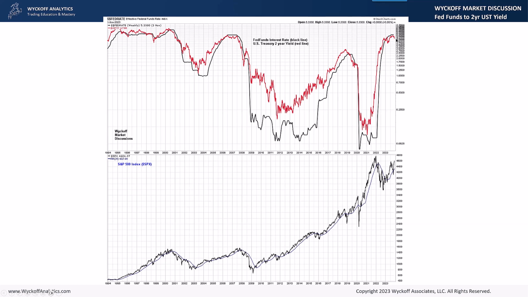The Fed rate is through November 1, but this 2-year rate is pretty much up to date. You can see it's turning down. So a point of caution: if this starts to go down in earnest, then it could be a sign that we're having a turn into a slowing economy.